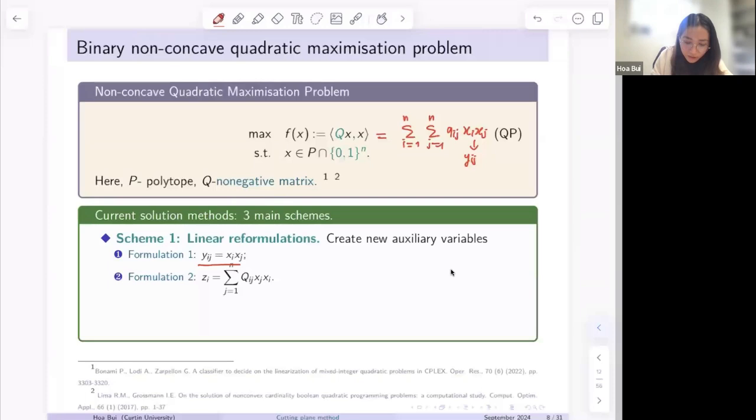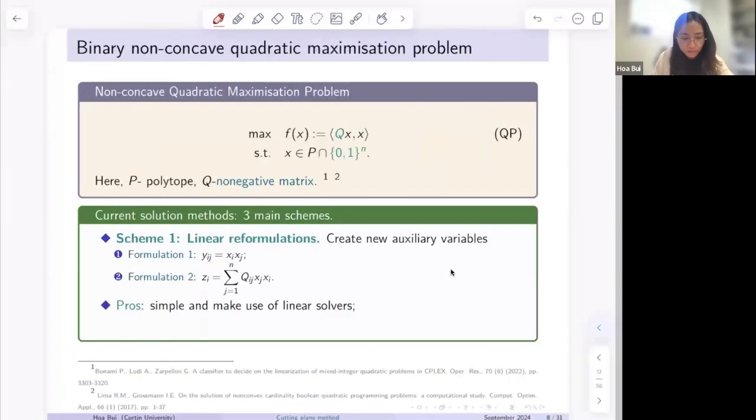The second formulation is to replace this part by zi. We fix i, and then we replace the whole part here by zi, which represents the benefit associated with xi, meaning that if you choose xi, what is the benefit that xi will bring to you? The advantage of these two approaches is that they are simple, applicable to most quadratic problems, and we can make use of linear solvers.